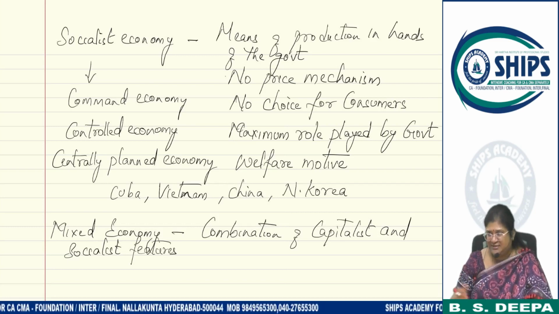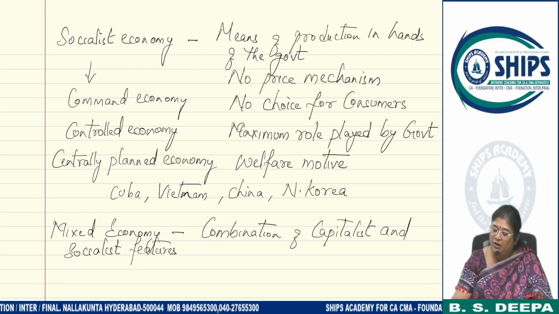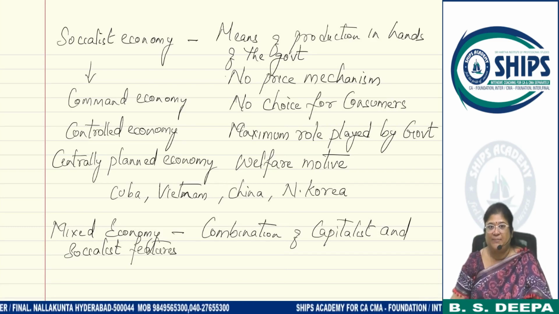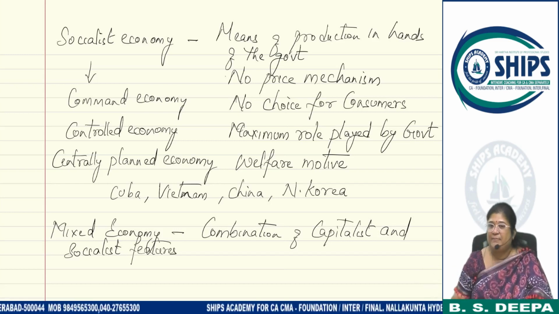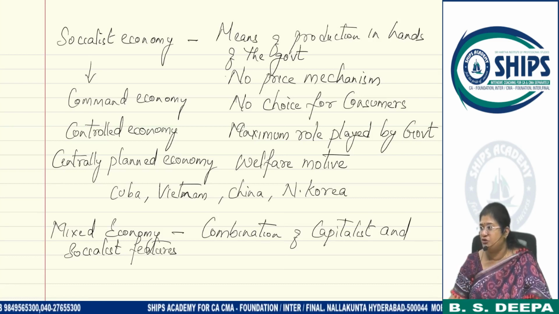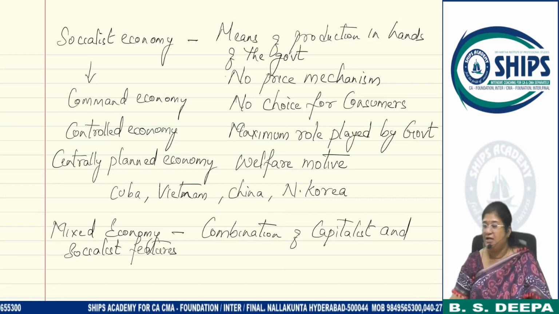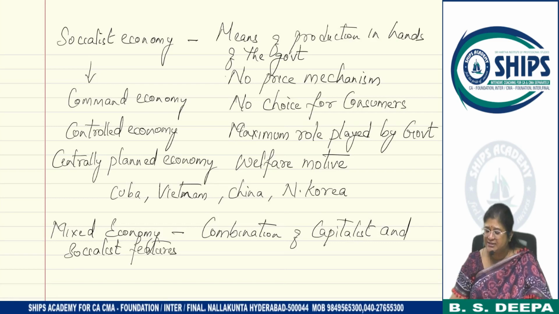Whereas private sector, just like in India, we have mixed economy, right? So in India, whatever are the goods which are produced by private sector, then price mechanism is there, demand and supply will decide the prices. Private people will be taking the decisions, what to produce, what not to produce. Then you find profit motive, because they will be aiming for profits. Government will not interfere in the private industries, right?